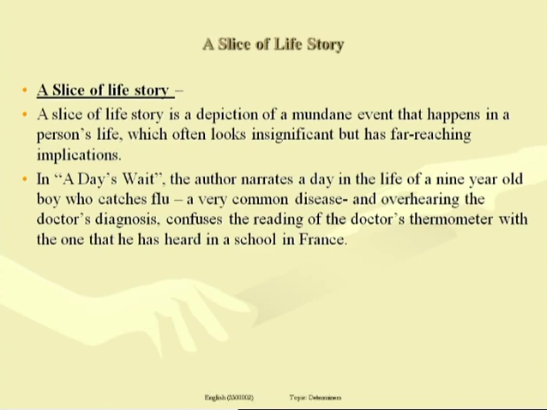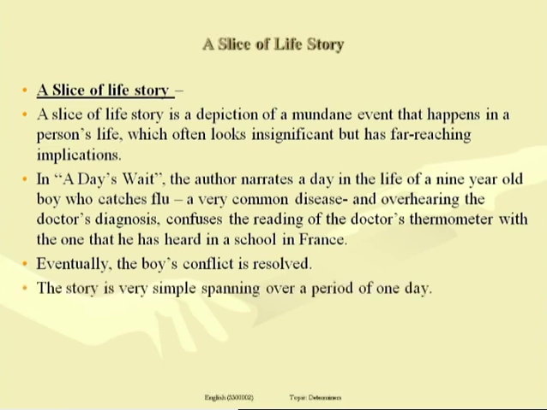So the incident is very common, very mundane, taken as if from real life, and that's why we can say that this is a slice of life story. Eventually, at the end of the story, the boy's conflict is resolved. The story is very simple, spanning a period of one day.